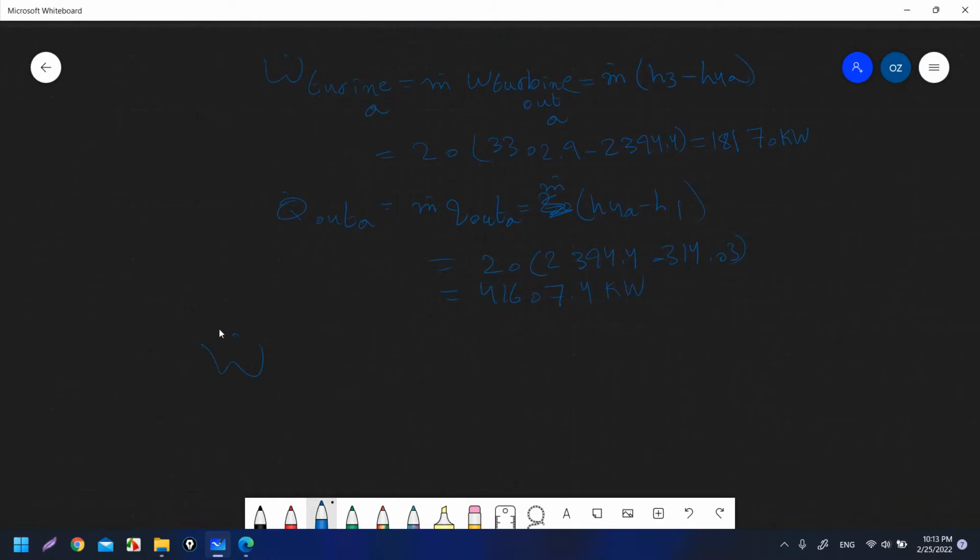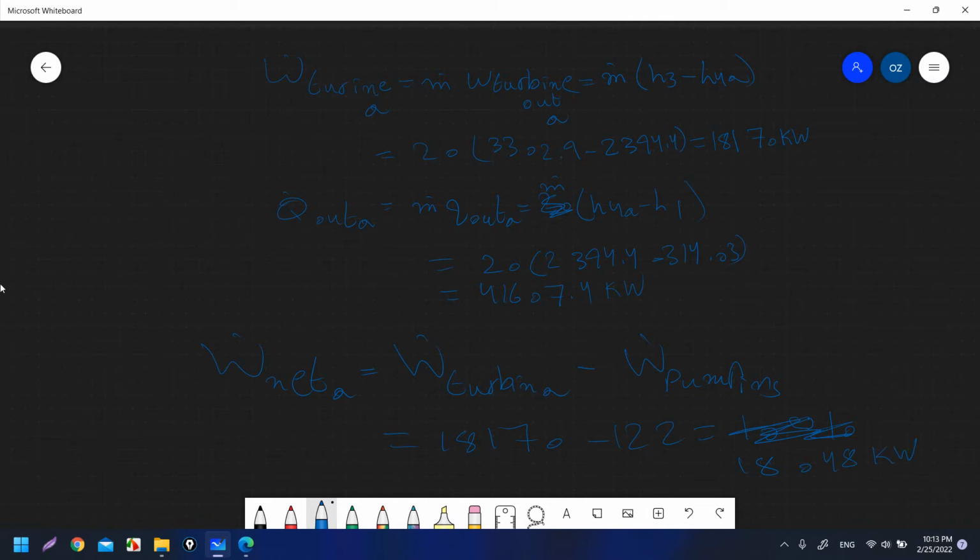Let's calculate W dot net actual: work dot turbine actual minus work dot pump ideal, because there's no isentropic efficiency of the pump. This will give me 18170 minus 122. The answer will be 18048 kilowatt.